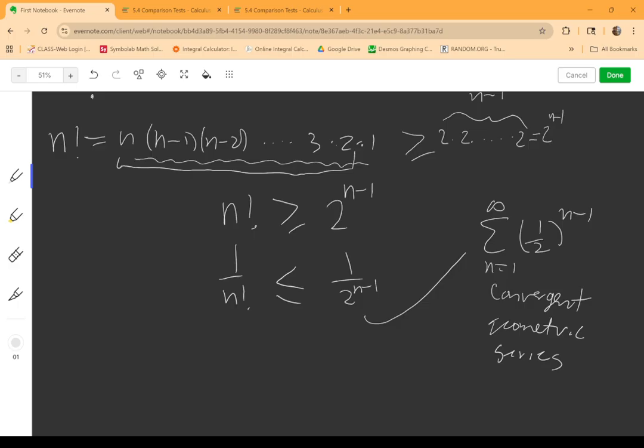That means that 1 over n factorial is less than these terms, which are the terms of a convergent series. So therefore, by the comparison test, the sum of 1 over n factorial is also convergent by the comparison test.